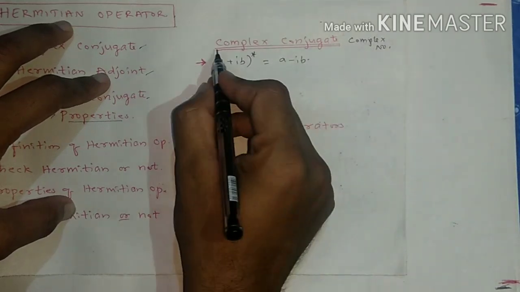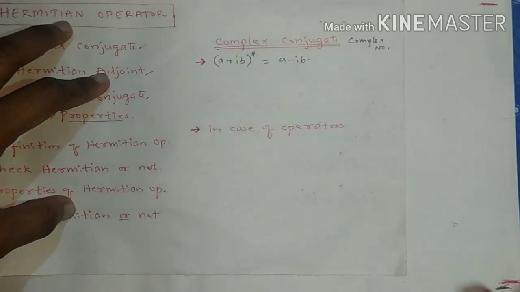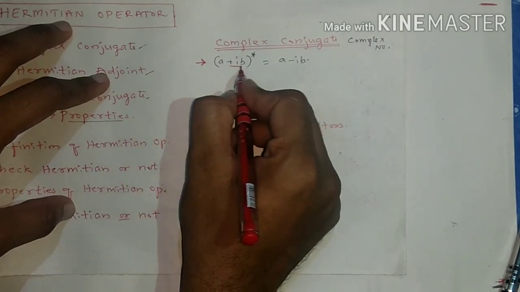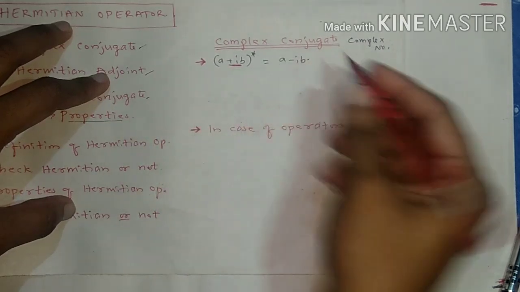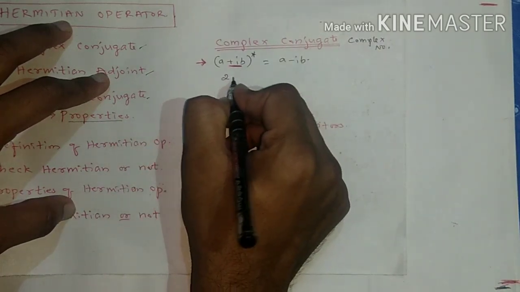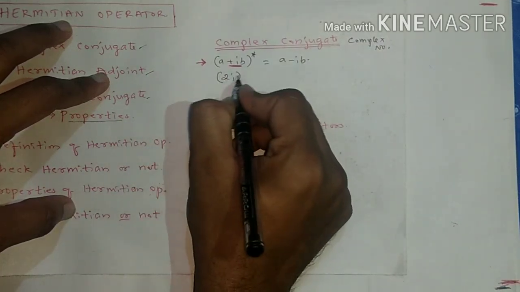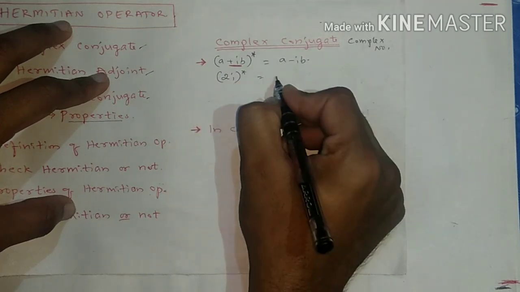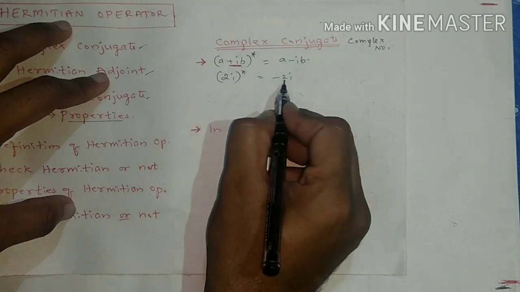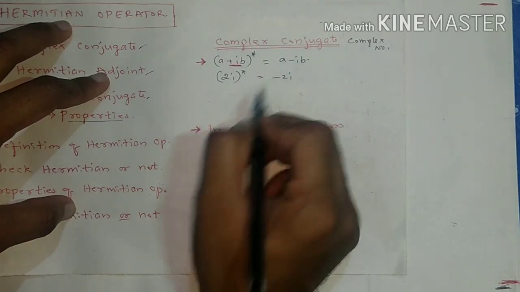So how do we find the complex conjugate? We find the complex conjugate by changing the sign of the imaginary part. If I take a simple example 2i, then the complex conjugate of 2i is minus 2i. So we have changed the imaginary part sign.